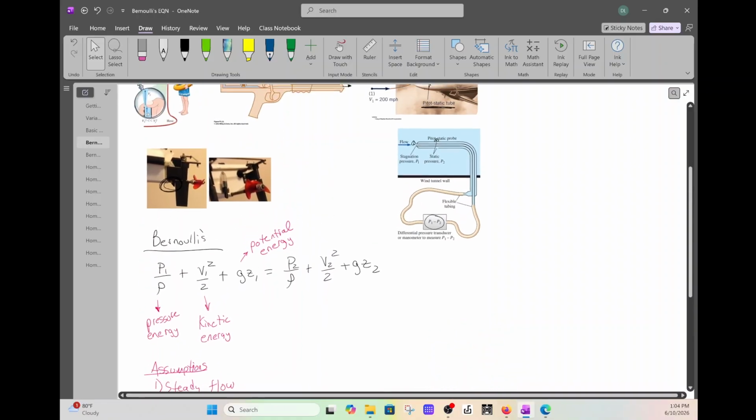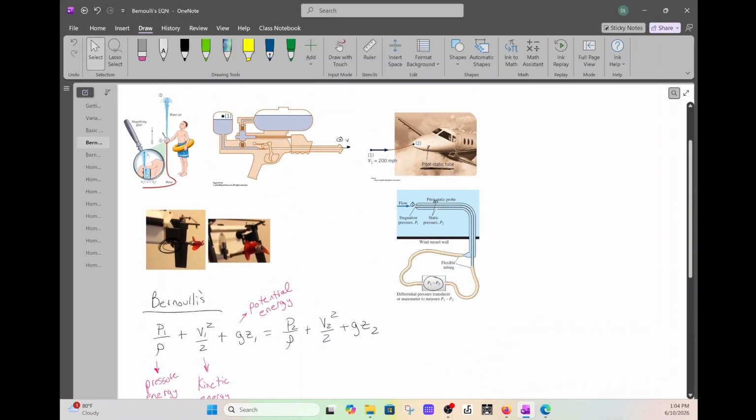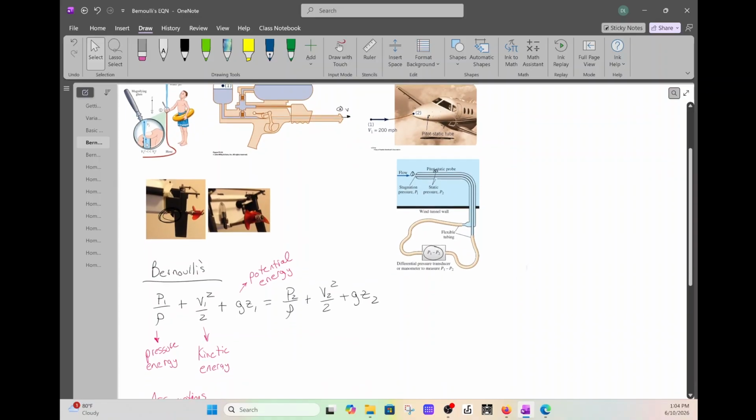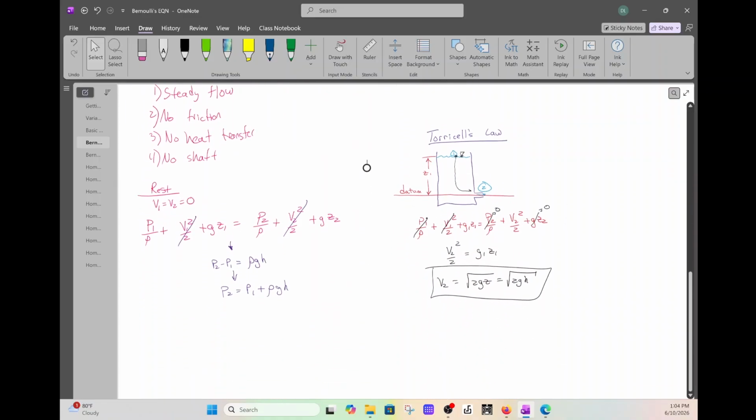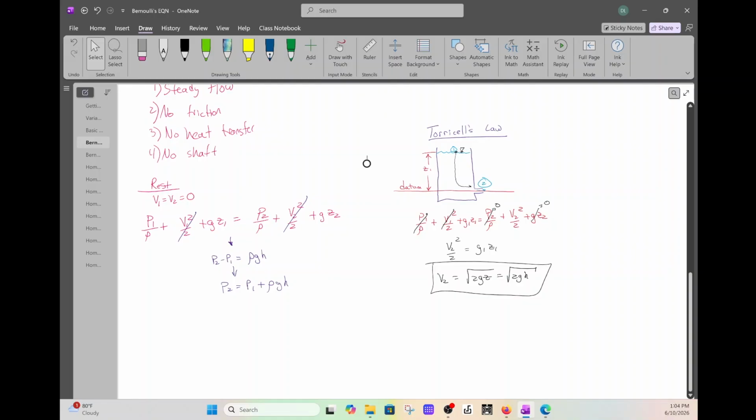Because if you think about it, this squirt gun could actually be moving in space along with shooting the liquid, all right? So you got to factor all of that in, okay? All right, this is Bernoulli's, and the next video will be on a pitot-static tube and how we get the equation to calculate speed.